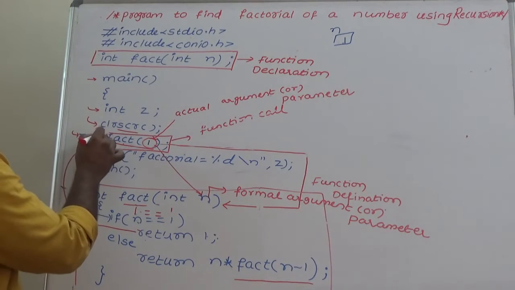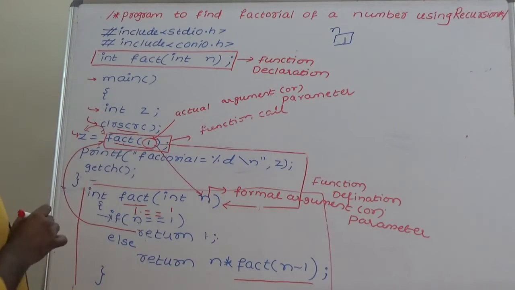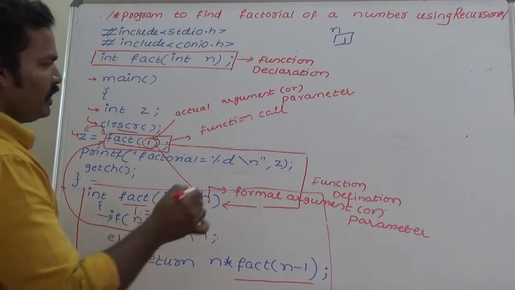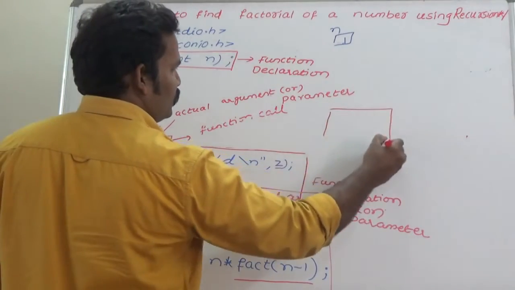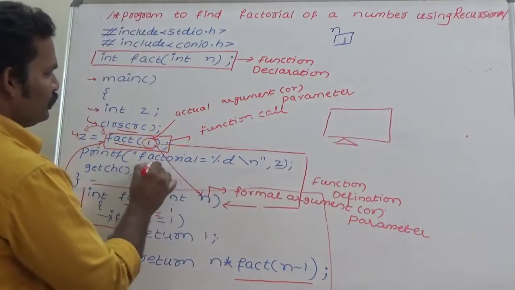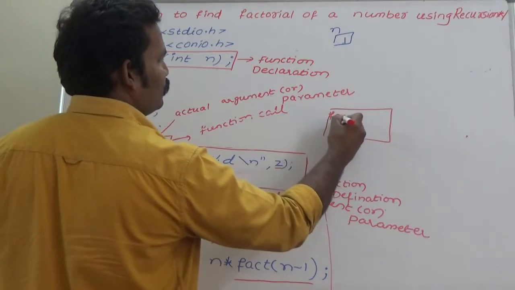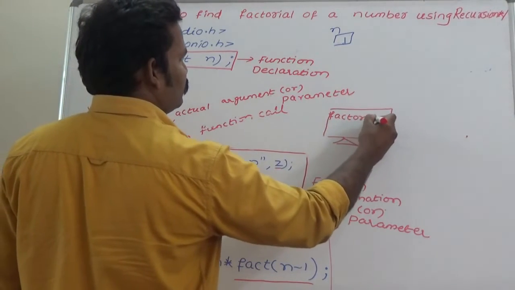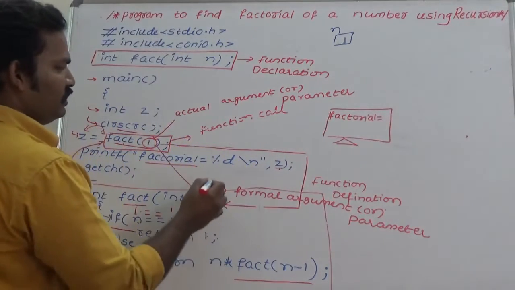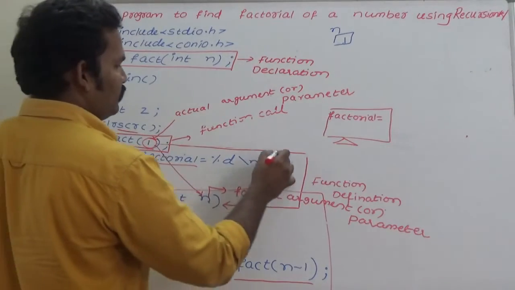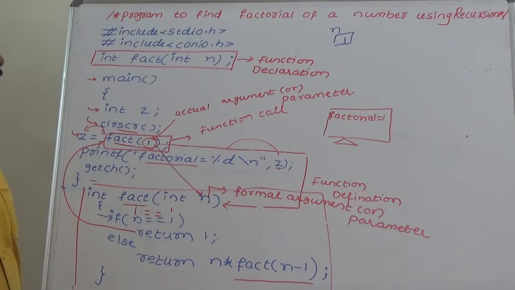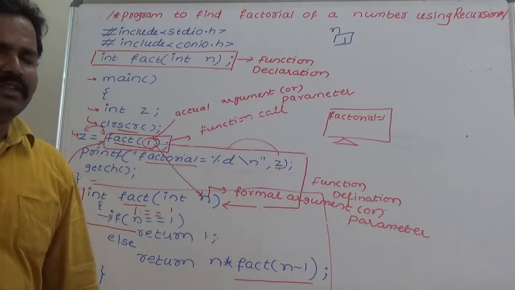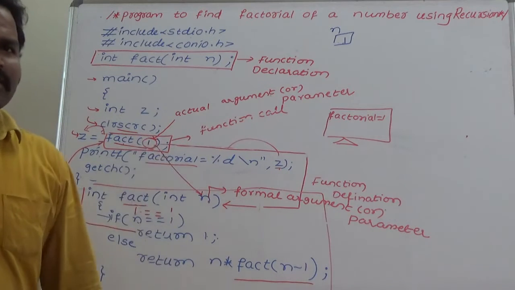So 1 is assigned to the z variable, and the printf statement prints the z value on the screen. The output is: factorial is equal to 1, when the actual argument is 1.